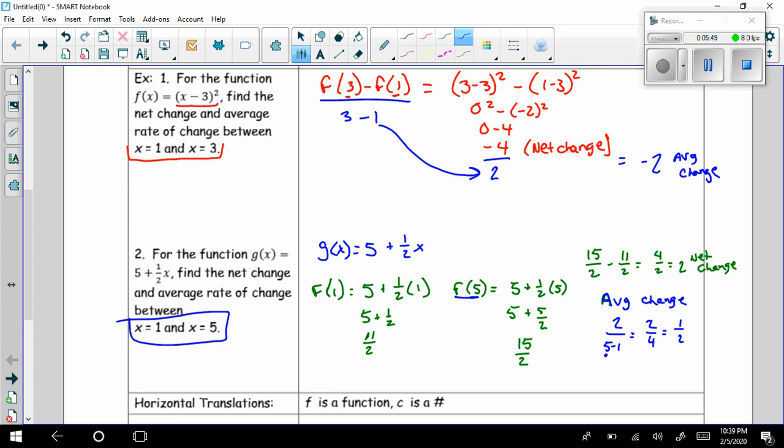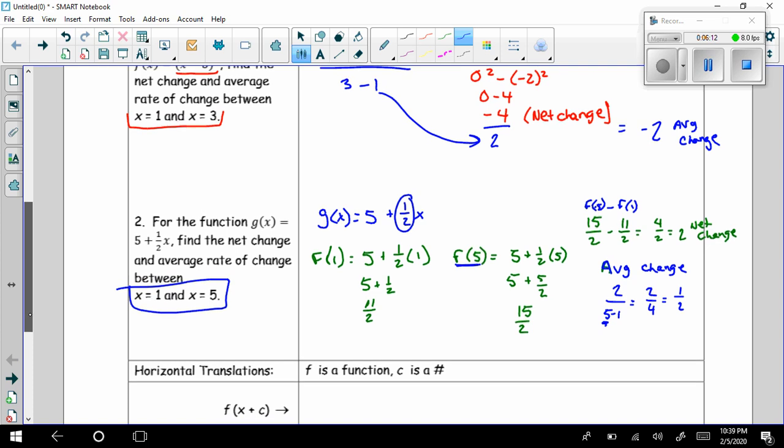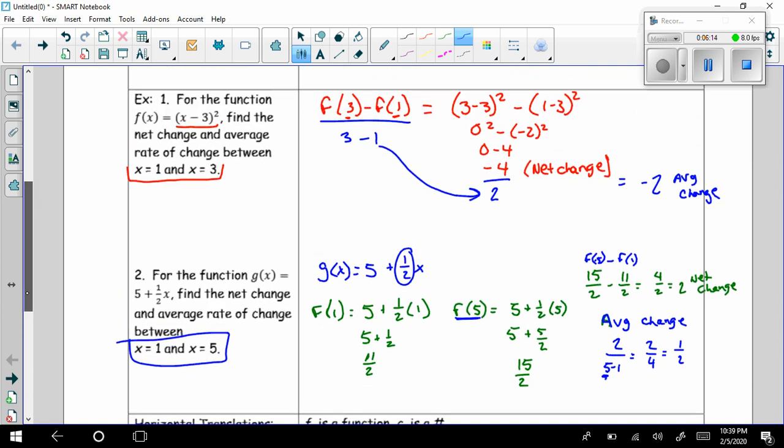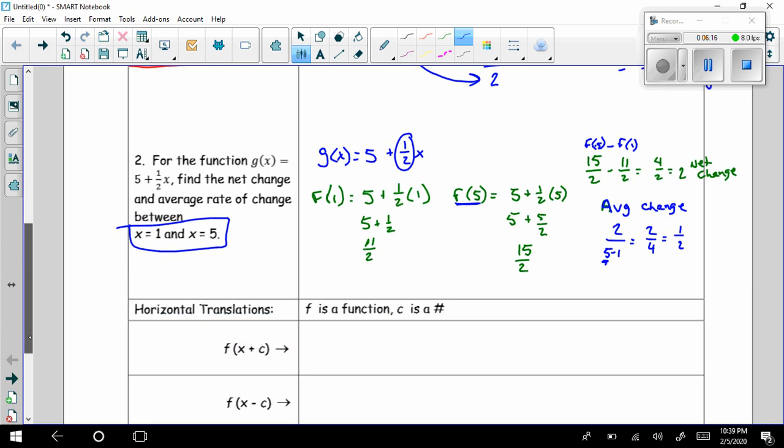I did g of 5 minus g of 1 because I wanted to keep this positive up here. And so I need to do the 5 first down here as well. Okay, so 1/2. And you can see if we look back at our equation that 1/2 was already there because this is linear, so that's a constant. Okay, so that's average rate of change and net change.